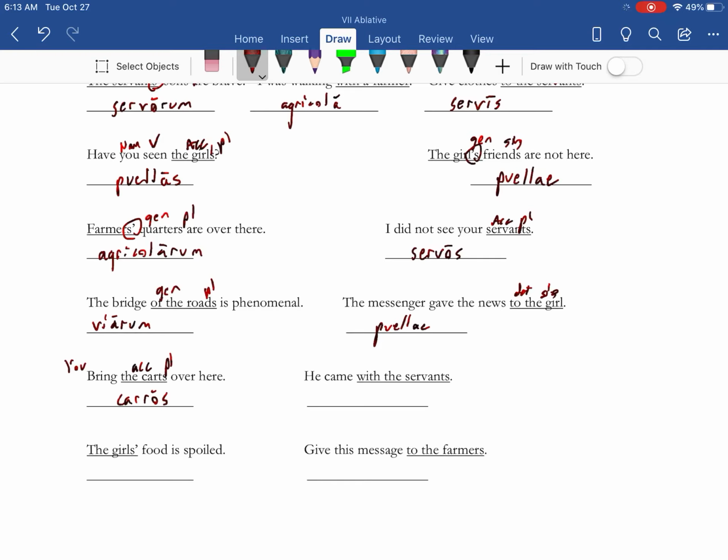With the servants, this is going to be ablative and plural. Genitive plural. And dative plural. And we'll keep this going on the next part of ablative.